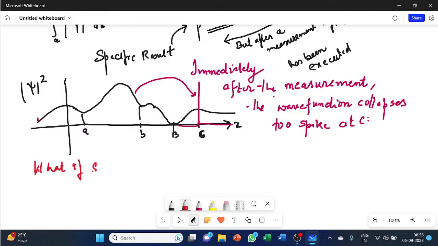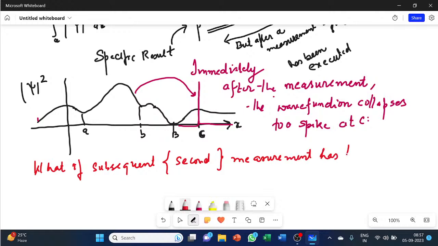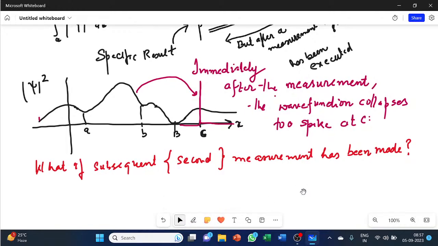Let's say first we are concentrating on the second measurement. So what if the second measurement has been made?